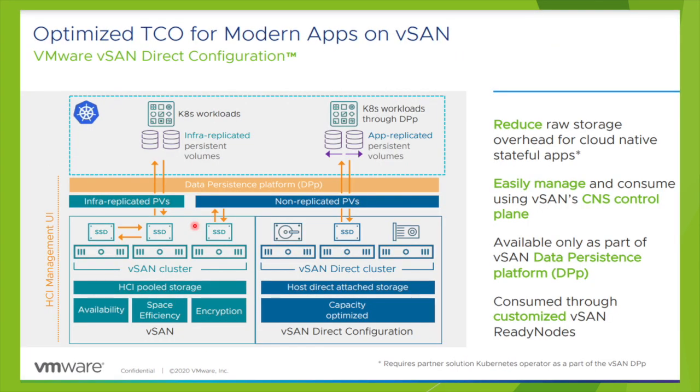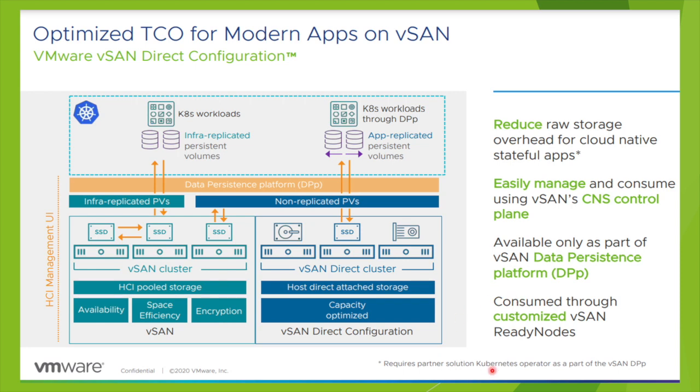Okay, so optimize total cost of ownership for modern applications on vSAN. Again, we are going to leverage the same vSAN, and we have Kubernetes and workloads running modern applications, which can be containerized or used for so many other things, and they are going to be on non-replicated persistent volumes.